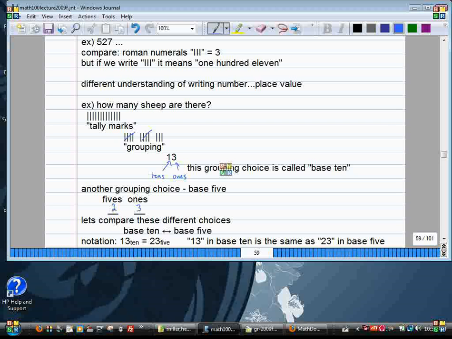Okay. So notice that based on the discussion we just had, we can say that the number 13 in base 10 is the same as the number 23 in base 5. And this is the notation. You write down the word like a little subscript.